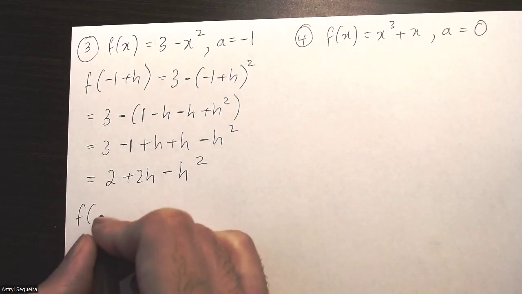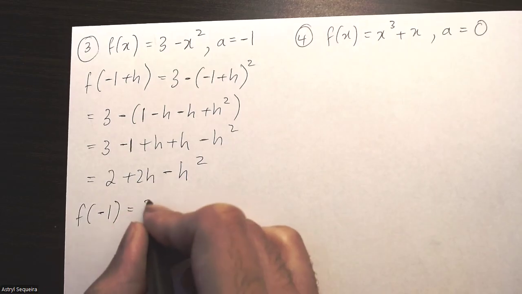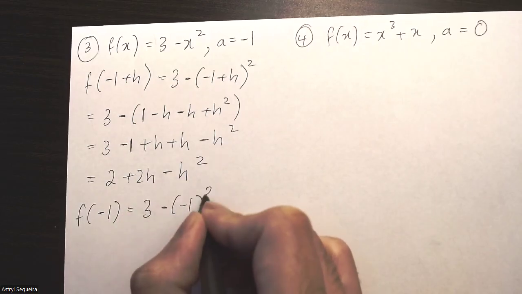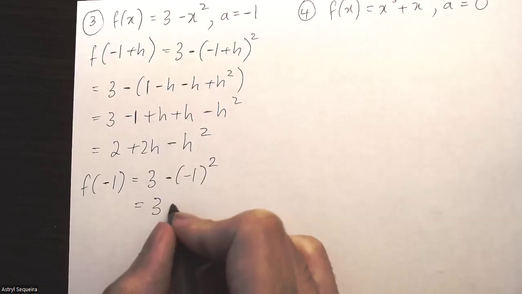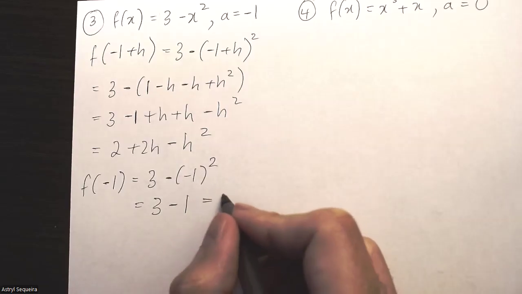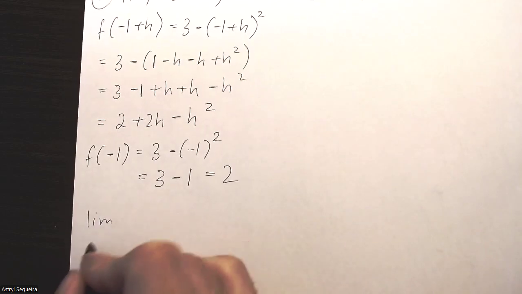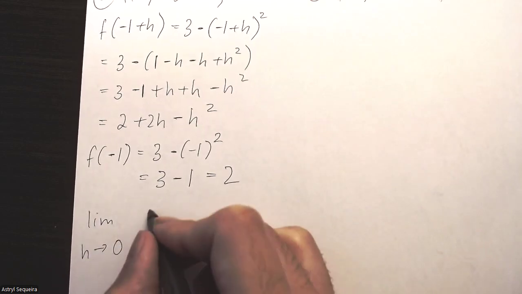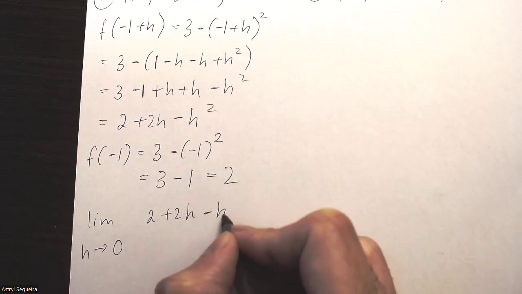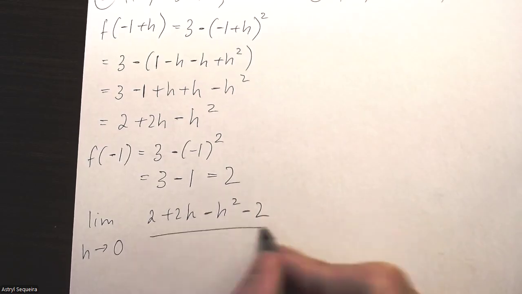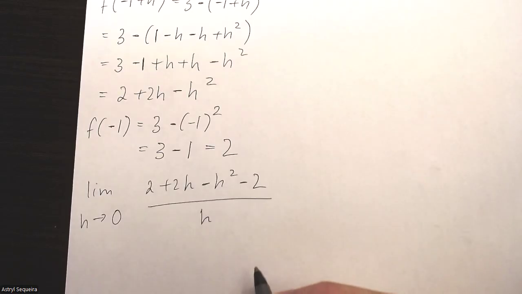Then I'll find f of a, which is f of negative 1, so 3 minus negative 1 squared, which is 3 minus 1, which is 2. Then I'll sub this into my whole equation. The limit as h approaches 0 of 2 plus 2h minus h squared minus 2, divided by h.